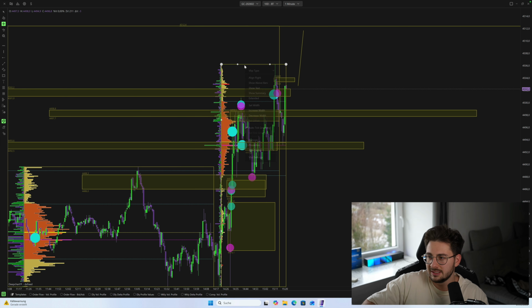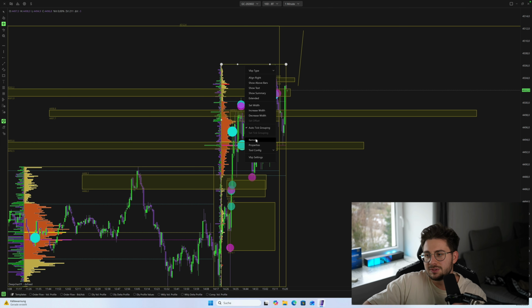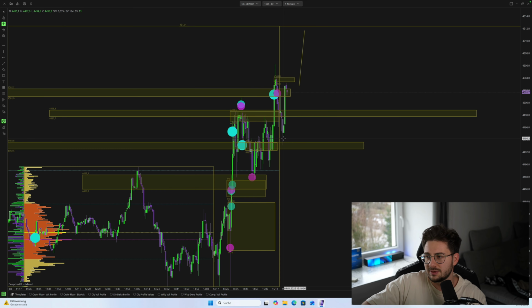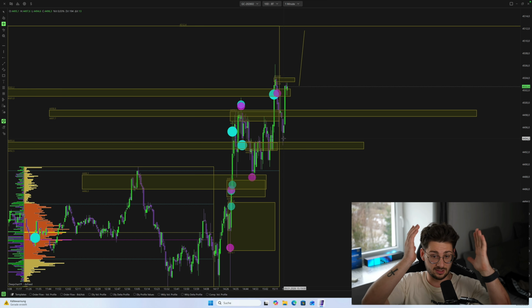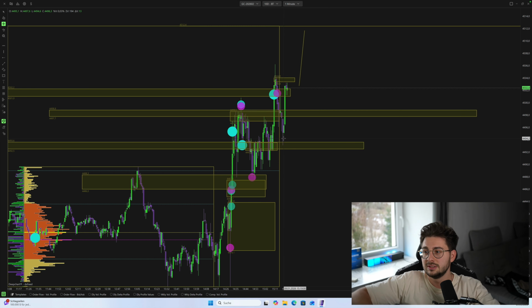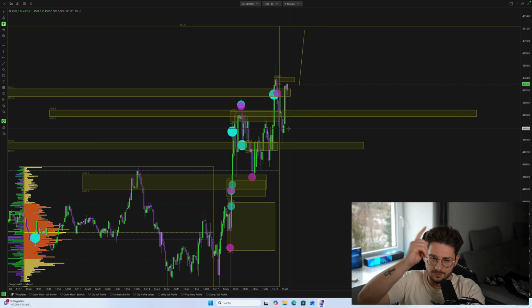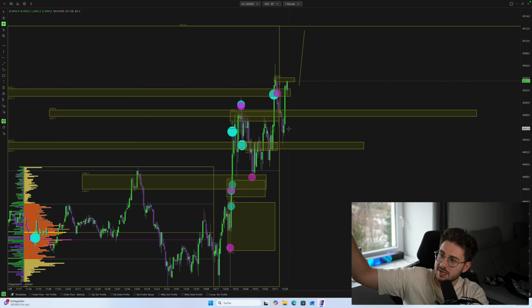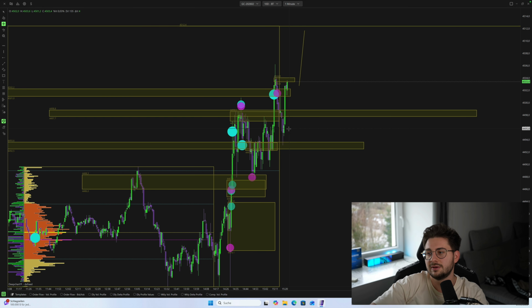I just used Bookmap before Deepcharts, that's why I still have their subscription. I use two platforms right now, and for me it's completely fine because I have multiple screens. Here I look at Deepcharts, here at Bookmap, here at Deepcharts, and here I usually have TradingView, but for the recording purpose I have it here. So okay, we tapped into the liquidity.